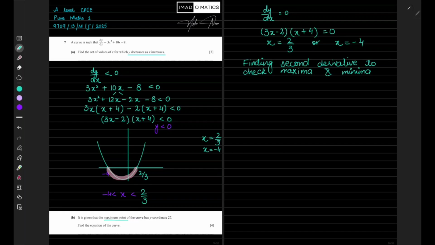So d square y over dx square will be the derivative of 3x square plus 10x minus 8. That gives you 6x plus 10. Now finding for both values.